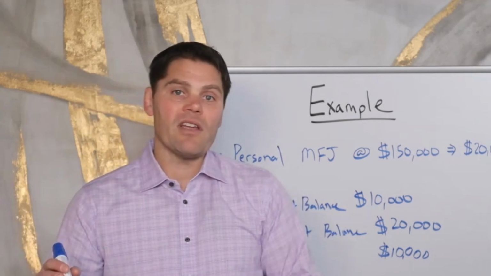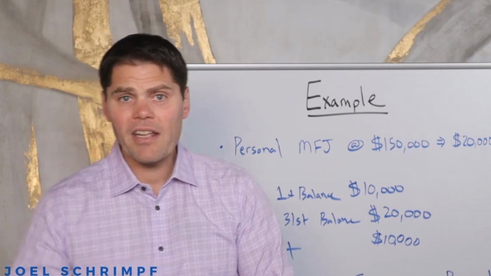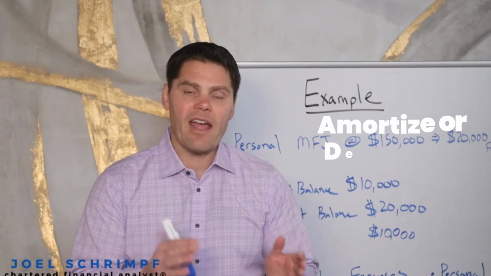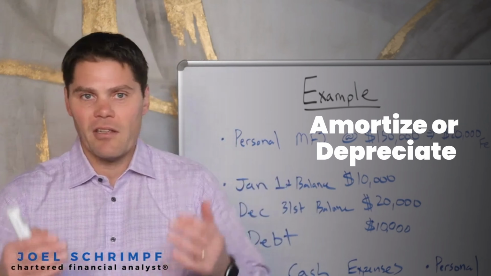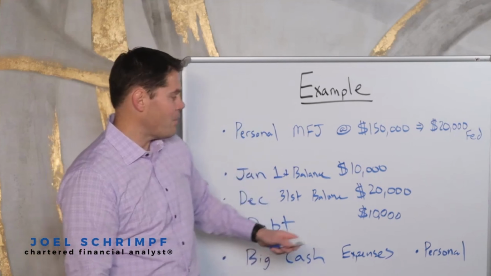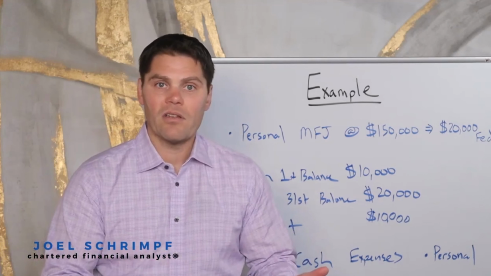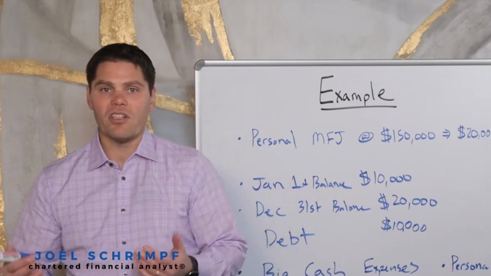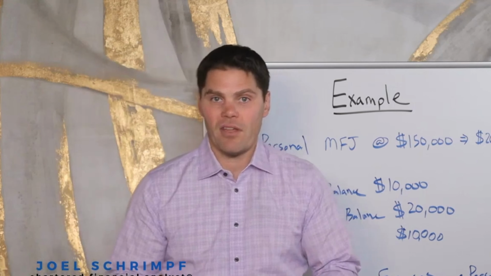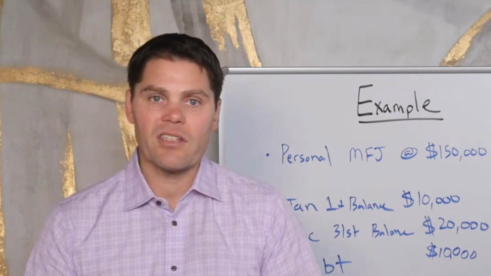That machinery may not allow you to have full deductibility, meaning it may say you have to amortize or depreciate this over the next 5 years, something like that. So that example is $100,000 left your business account, but you're only able to deduct 1/5 of it. So that's one area that you've got to be careful of to understand.